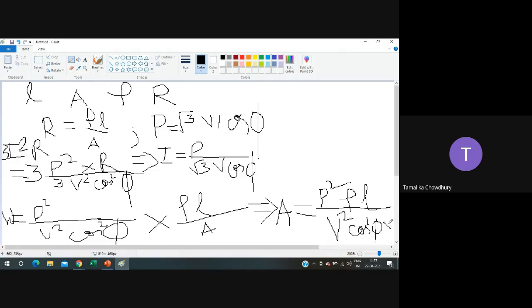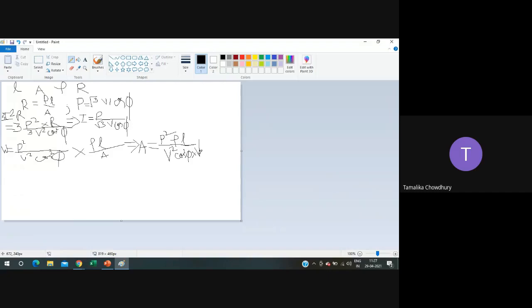Into W. Everyone, correct or not? So the volume formula is equal to A into L, right?